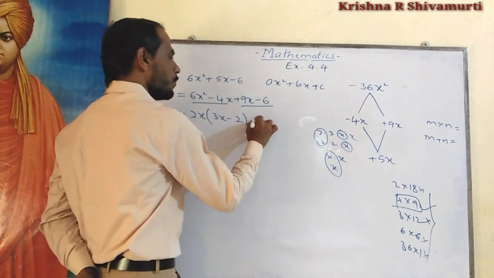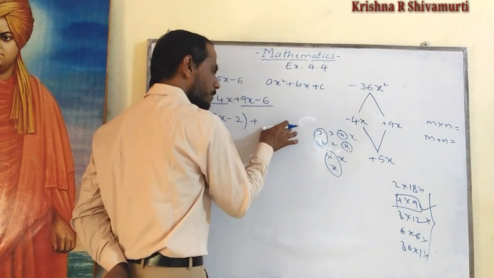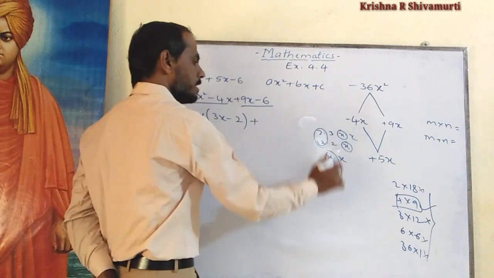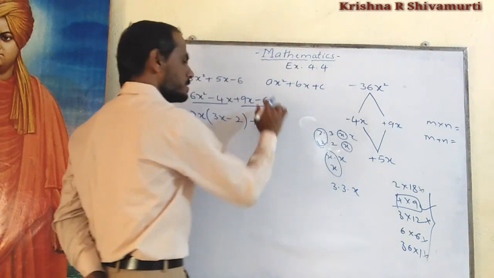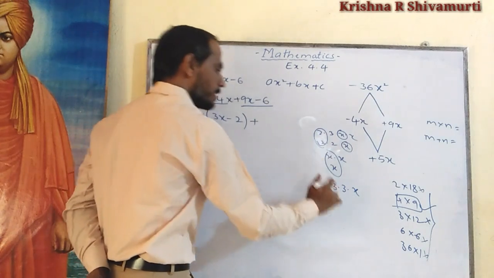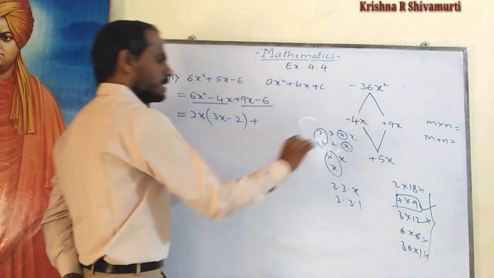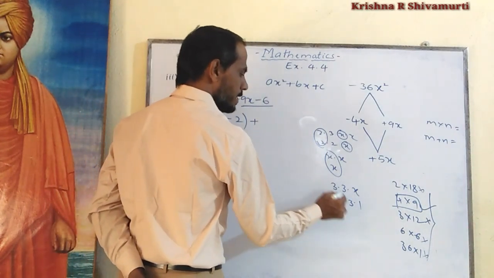Now the same thinking you should apply to the second bracket. 9 expressed in this condition becomes 3 into 3 into x, and 6 written in factors is 2 into 3 into 1. Here x is not there now. The common is 3; here 3 is there, here 3 is there.